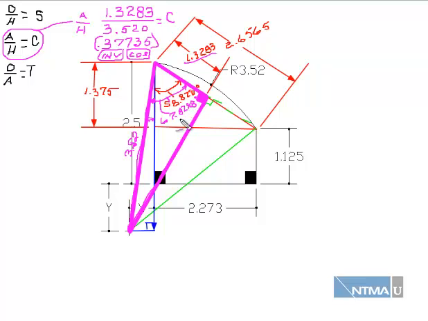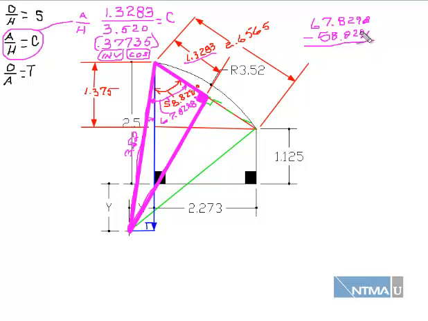Okay, 829 8/10. Now if I take the 67.8298 and I subtract the 58.8291, that's a 9, not a 5.